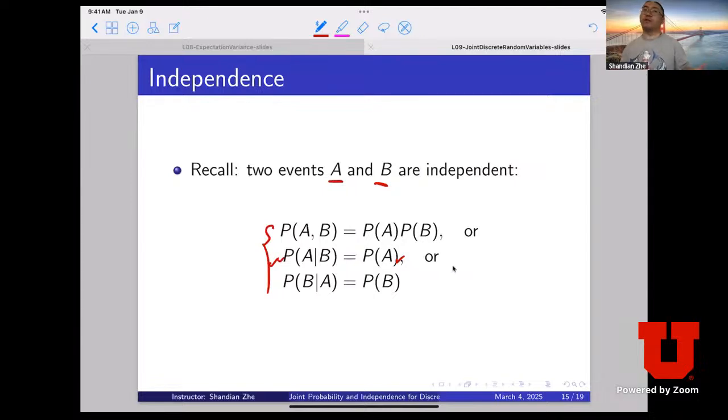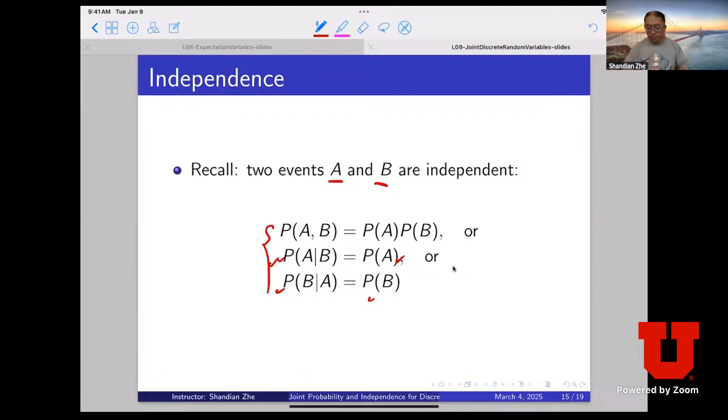Because conditional on B, the probability is still the same as if you don't condition on B. Or the other way, the conditional probability of B given A is the same as the marginal probability of B, meaning that the condition A doesn't have any influence on the probability of B.